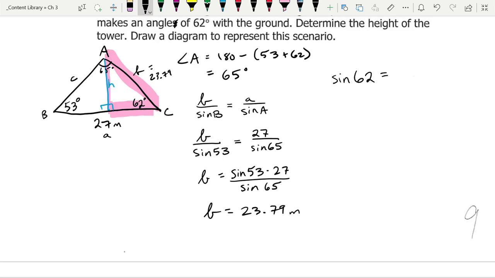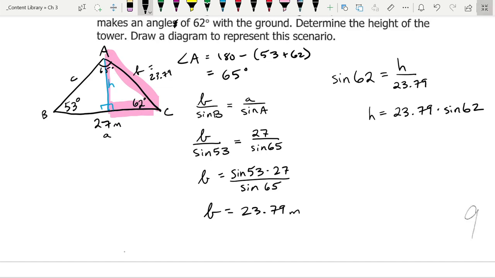Sine of 62 is opposite over hypotenuse. And so that I don't lose accuracy, you're going to notice I'm not punching in 0.79 on the calculator. I'm going to use my answer button. First, let me rearrange this. T for top, T for times, sorry. So 23.79 times the sine of 62.